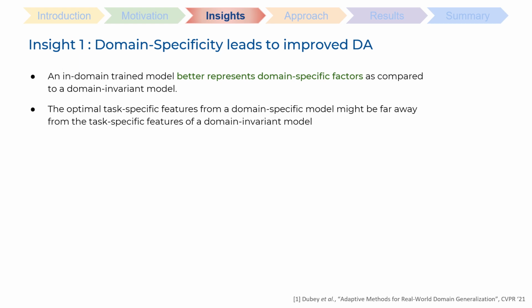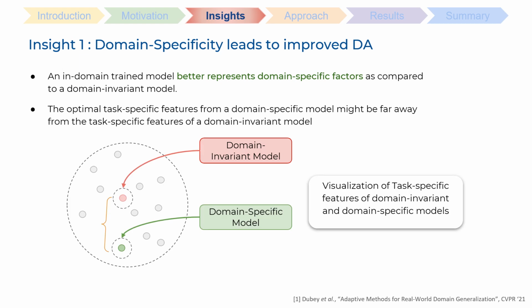This is because an in-domain trained model better captures the crucial domain-specific factors. As shown in the figure, the optimal task-specific factors of a domain-specific model might be far away from the task-specific factors of a domain-invariant model, especially in scenarios of large domain gap. Hence, we note that it is important to inculcate and learn domain-specific factors for improving target adaptation.